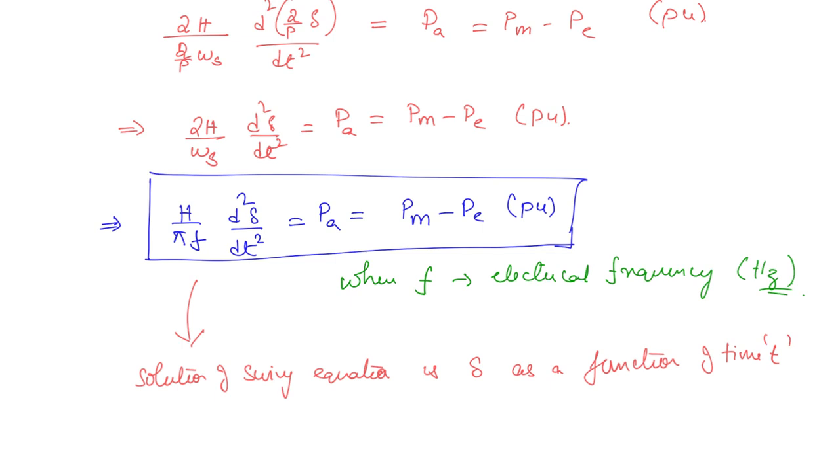And if you plot a graph of delta versus t, that graph is called the swing curve of the machine. Now at steady state, what is going to happen? This accelerating power is going to be simply 0.